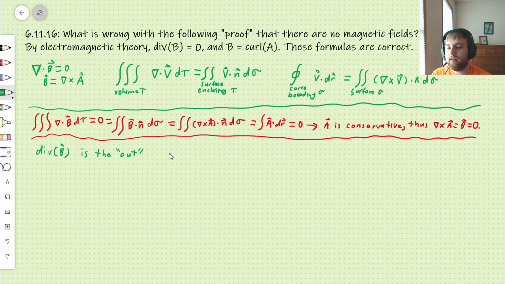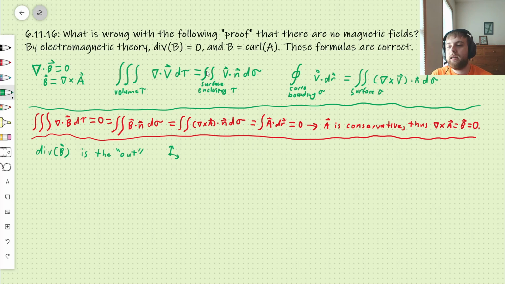You have a point. How much does it want to go away from that point? It doesn't matter what direction, it just matters the tendency. So if you sum the out from all of the volume, you equal the actual field out on the surface.